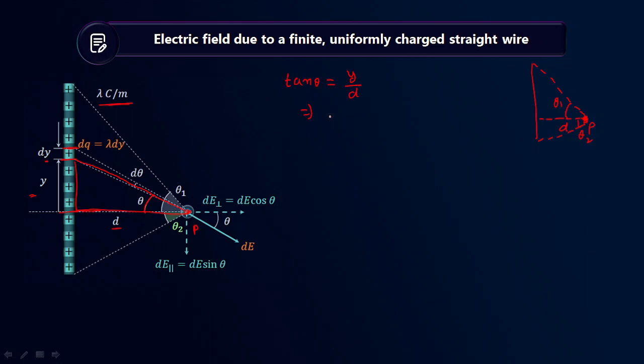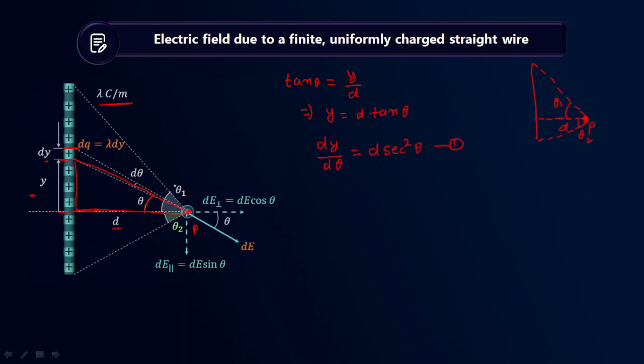So y will be equal to d tan theta, right? Now if I differentiate this with respect to theta, dy by d theta will be equal to d times sec square theta, since d is constant. Let us keep in mind this term.